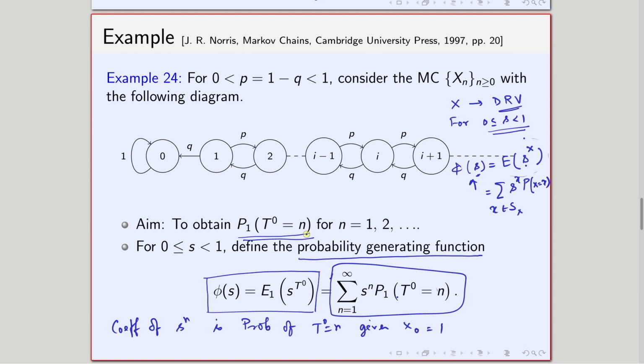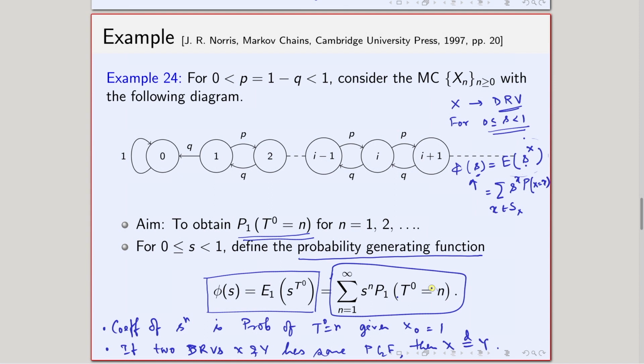Not only that, there are many other benefits. This is the first point. The second point is that if two discrete random variables X and Y have the same probability generating function, then X has the same distribution as Y. So if X has these probabilities, then Y also satisfies the same probabilities.